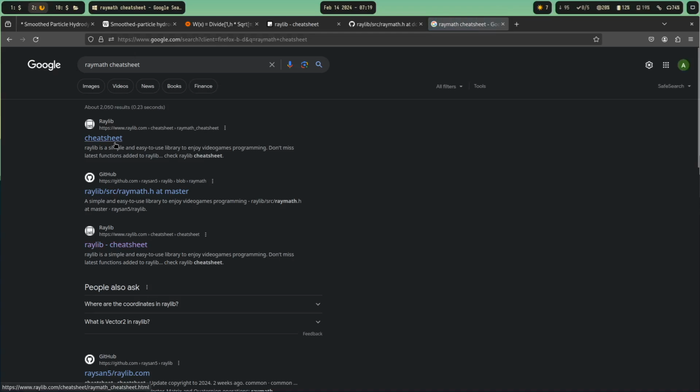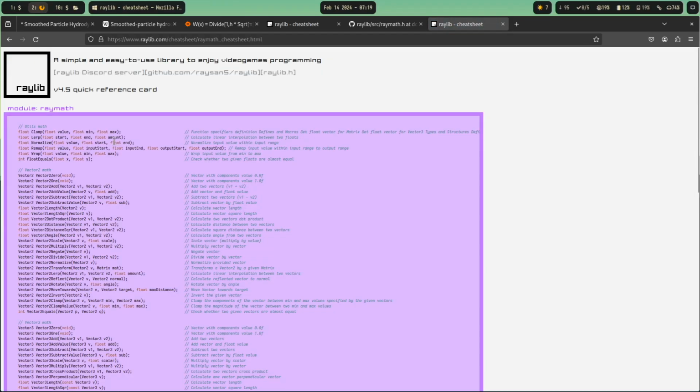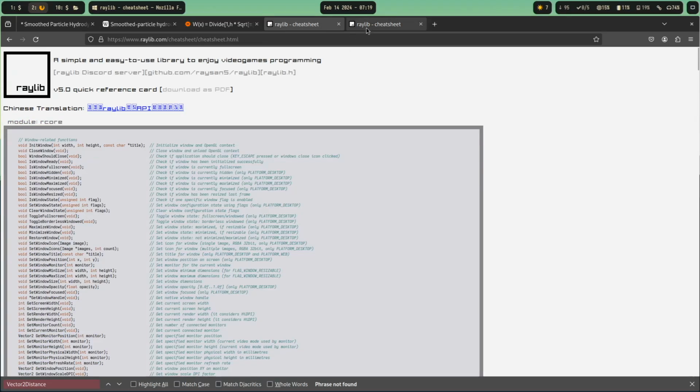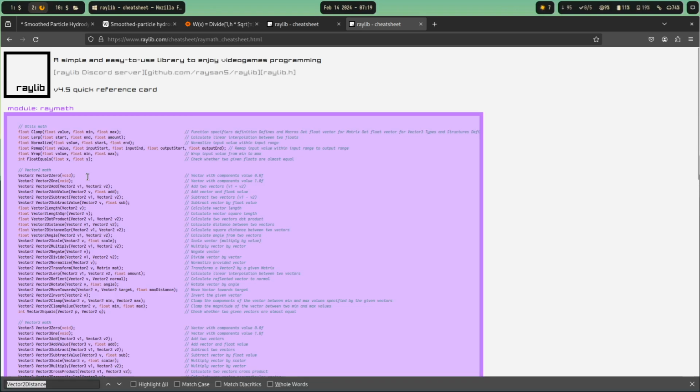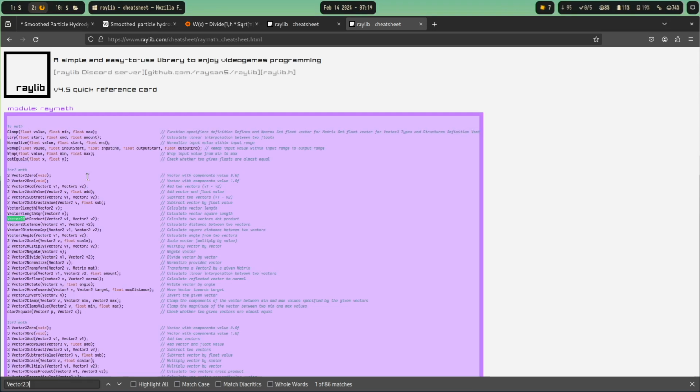Okay, let's also look at the Raymath cheat sheet. Okay, so vector to distance. Oh, it's here.